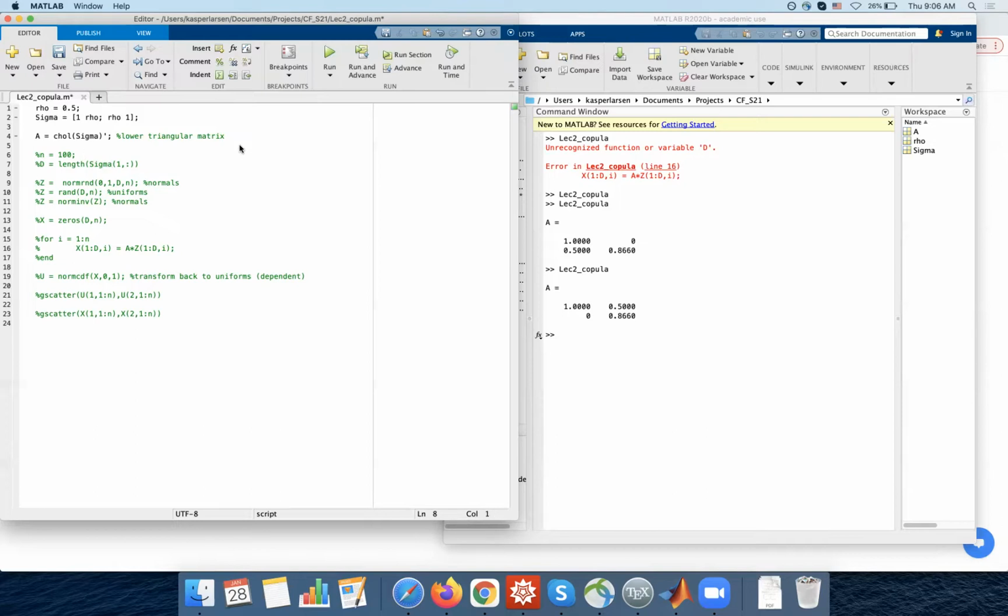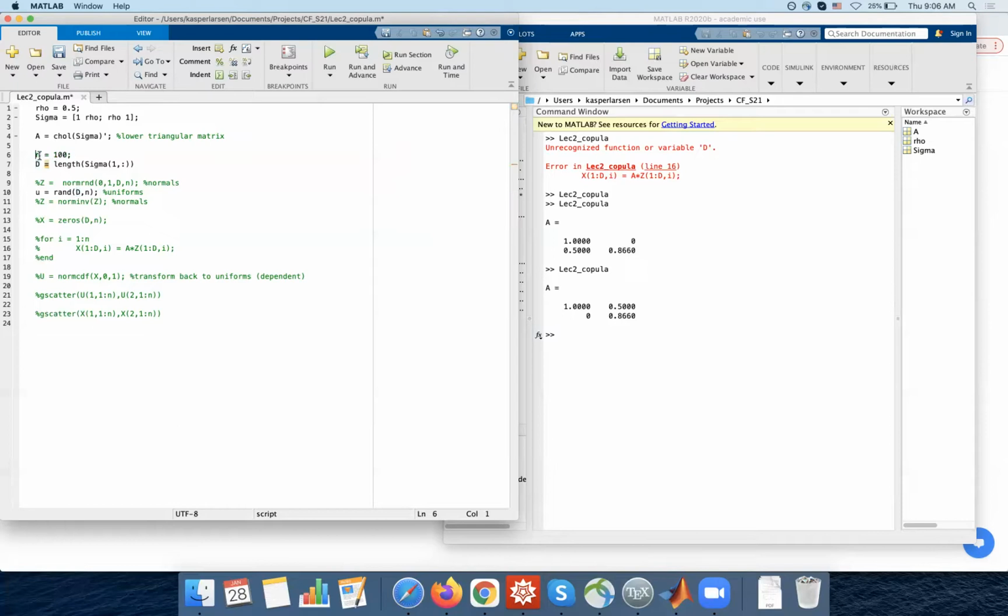Then what we want to do is use the algorithm that we had. The way we do that is to generate the uniforms first, the ones I've stored in Z, though maybe I should call them U, to follow up with what we had on the slide. I want however many samples of them.